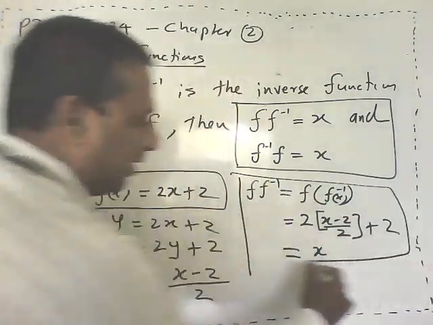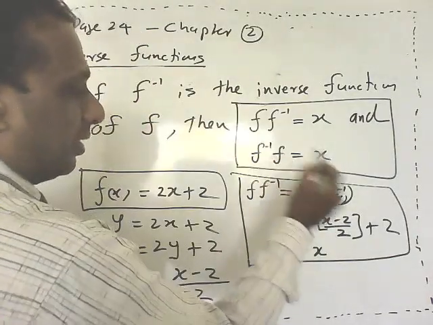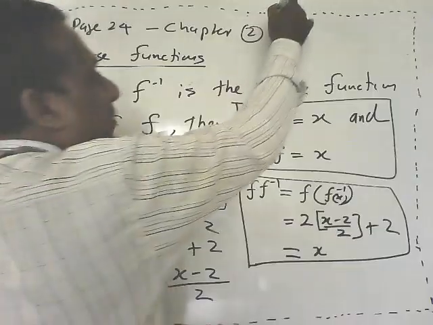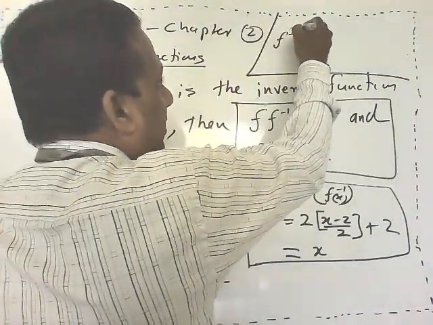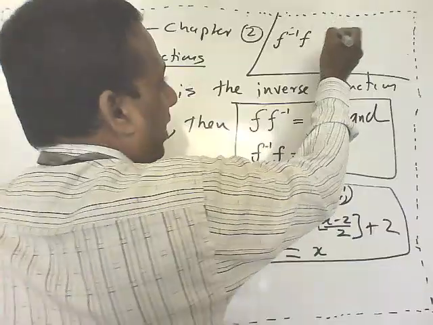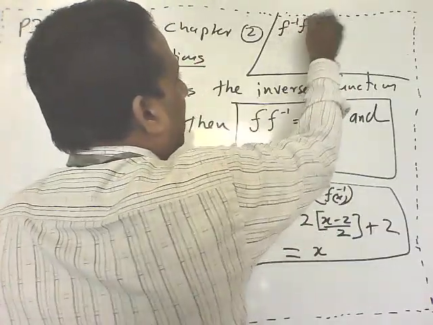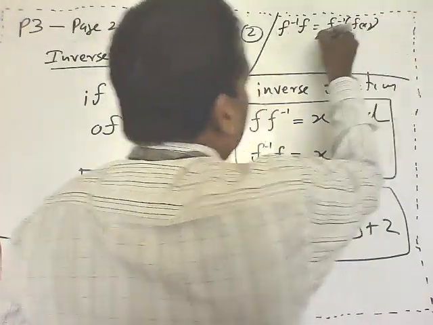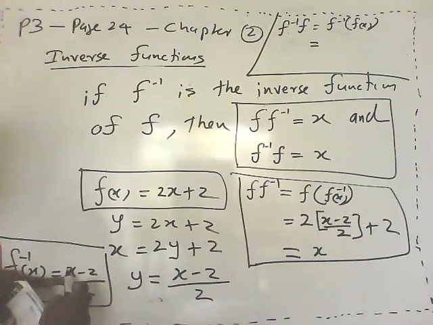Now we will see what is f inverse f. f inverse f is equal to f inverse of f(x). So f inverse of x is this one, we have to put here 2x plus 2.